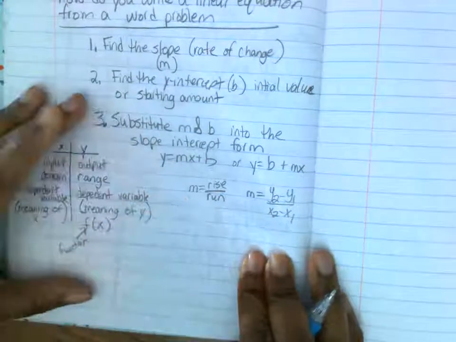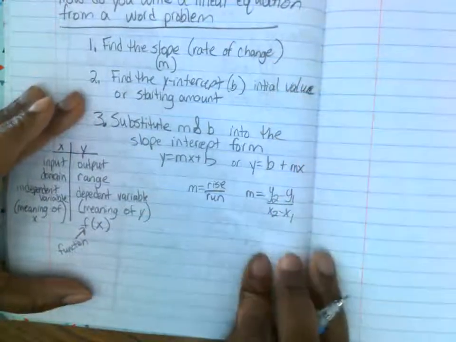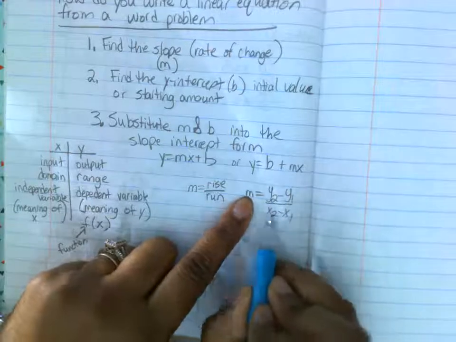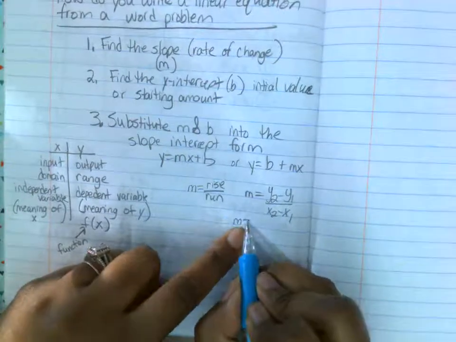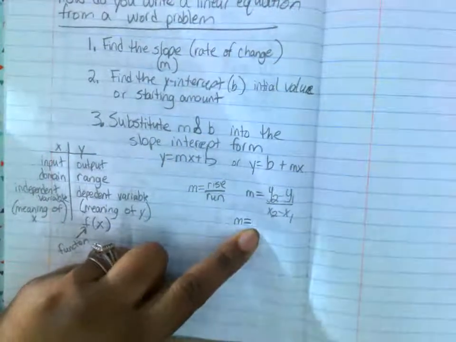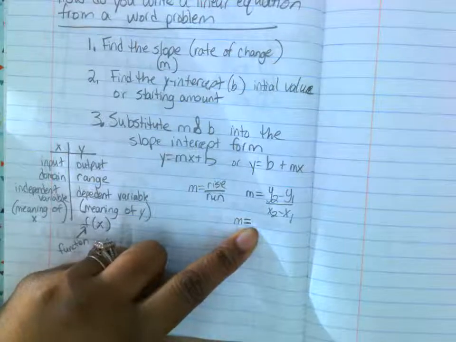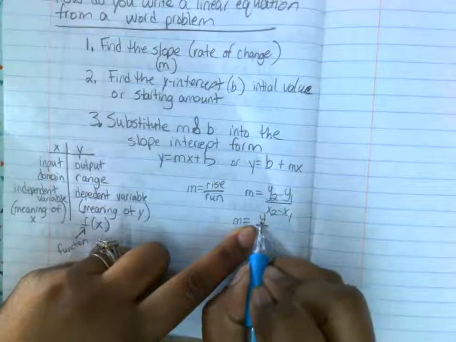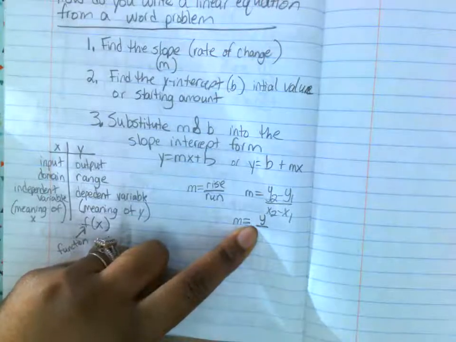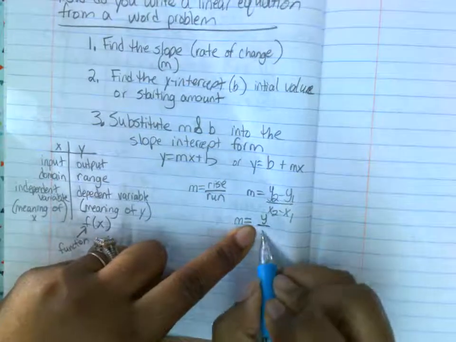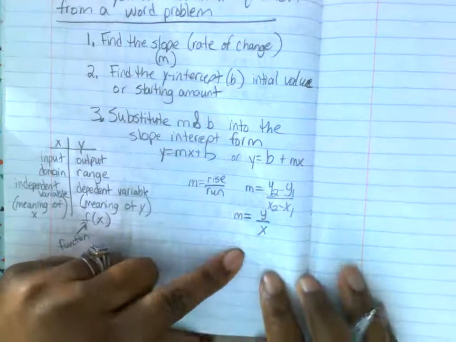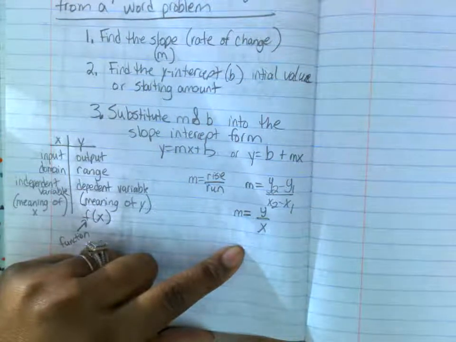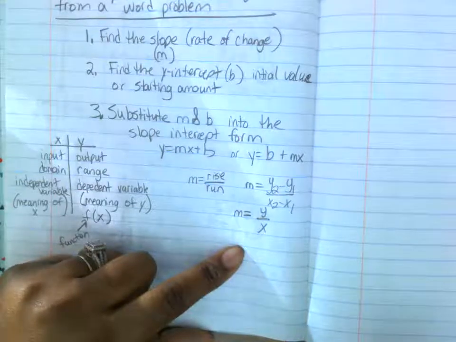That means when I'm writing a fraction for slope, my y's are on the top and my x's are on the bottom. So in any slope problem, you have to think like this. Whatever value is on the top of the fraction, they're talking about the y value. Whatever value is on the bottom of the fraction is talking about the x values. Okay? Whatever y is on the top, x is on the bottom.